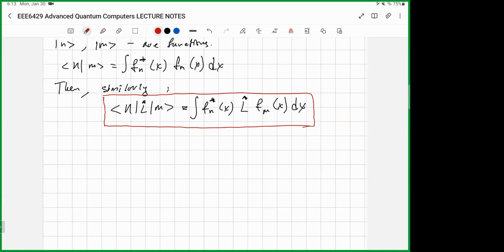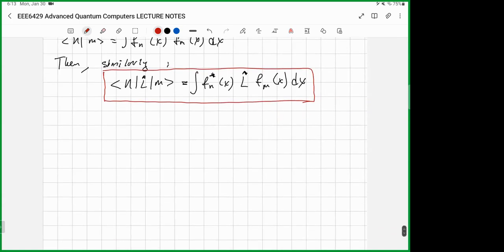All right, so this is basically the representation of an operator in a vector basis when the basis is constructed of vector functions, when these are not just vectors like 0 and 1, but functions.